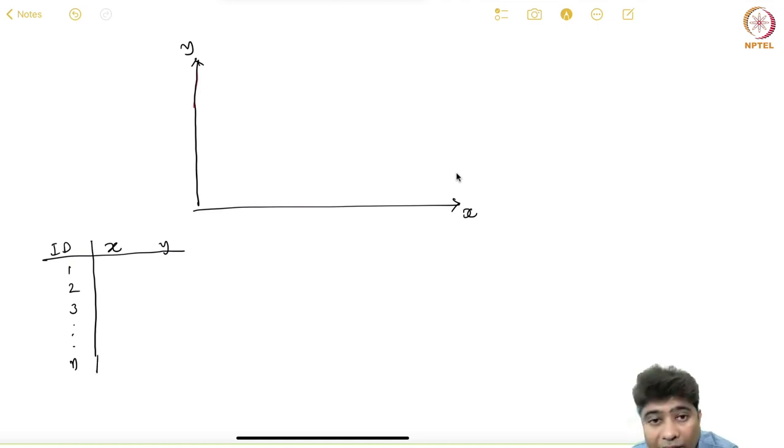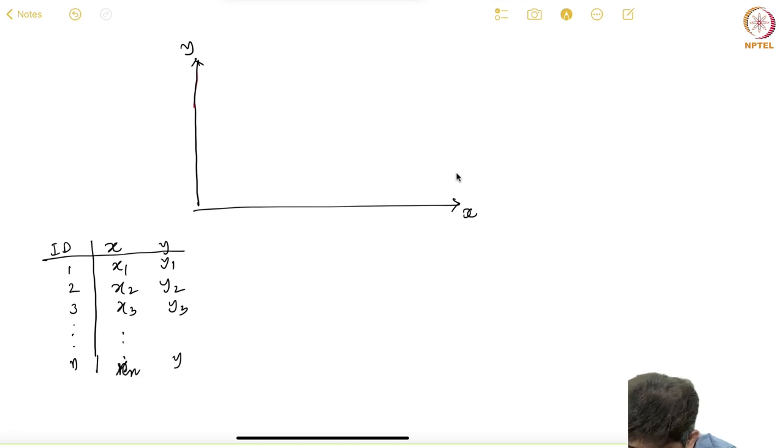Suppose I have n observations: x1, y1, x2, y2, x3, y3, in this way up to xn, yn.